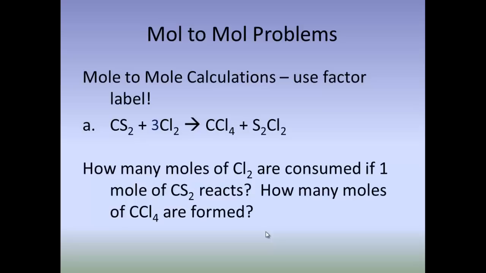Just like all of our other factor label questions, you need to start with what's given in the question. So if we take the first question and look for the number that we're given, 1 mole of CS2, that's what we'll start with. What are we being asked for? How many moles of Cl2? That's what we need to end with.